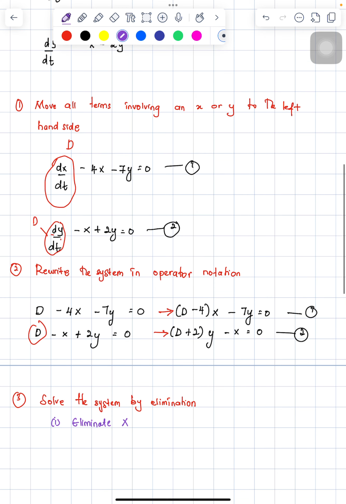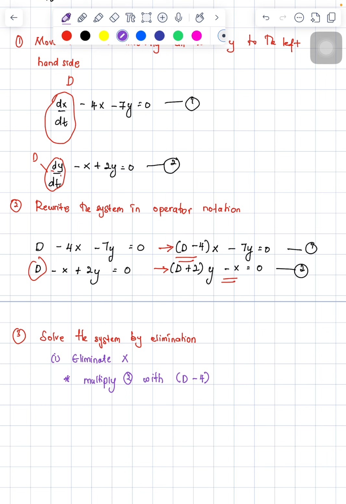Refer to the first and second equations. How to eliminate x? Look at the first equation, we have (D minus 4)x. But for the second equation, we only have negative x. So we need to multiply equation 2 by D minus 4.